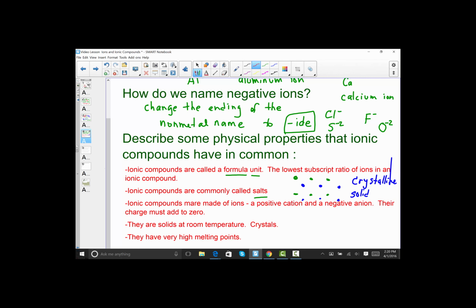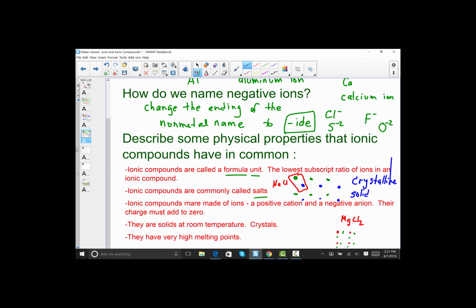A formula unit is the lowest subscript ratio of that repeating pattern. For sodium chloride, they hooked in a 1:1 ratio. For magnesium chloride, they hooked in a 1:2 ratio. You would see 1 magnesium surrounded by 2 chlorines in our repeating structure over and over as it made its crystalline solid.